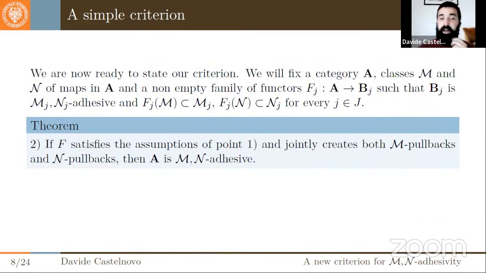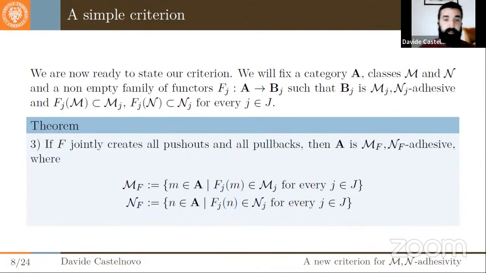Moreover, if F satisfies the assumption of point 1 and jointly creates both M pullbacks and N pullbacks, then A is MN adhesive. Finally, if F jointly creates all pushouts and all pullbacks, then A is MF and NF adhesive, where MF and NF are these two classes that you can read on the screen.